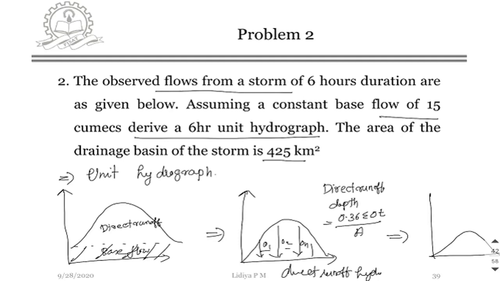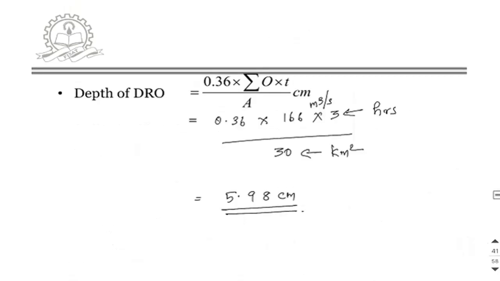After getting this value, each ordinate divided by this direct runoff depth gives the ordinates of the unit hydrograph, U1, U2, etc. So O1 divided by direct runoff depth, O2 divided by direct runoff depth, ON divided by direct runoff depth represent the ordinates of the unit hydrograph.